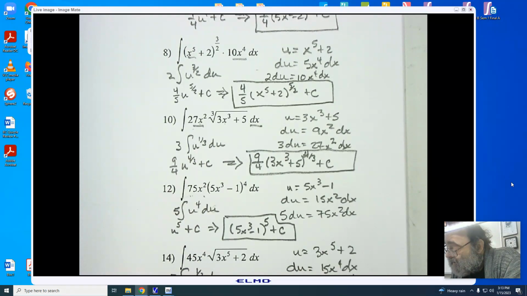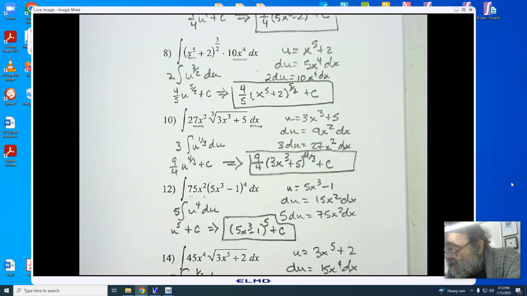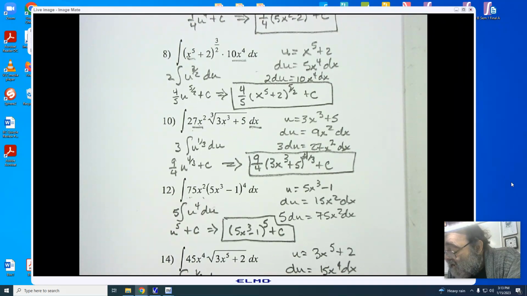Okay, that's giving me the 50 times 2. Now, when we integrate, this is adding a power. We're looking at 1/4. We divide, or negative 4, we divide by the new power, gives us negative 1/2. U to the minus 4 power plus c, negative 1/2. And we have 5x to the 5th minus 2 to the negative 4th plus c.